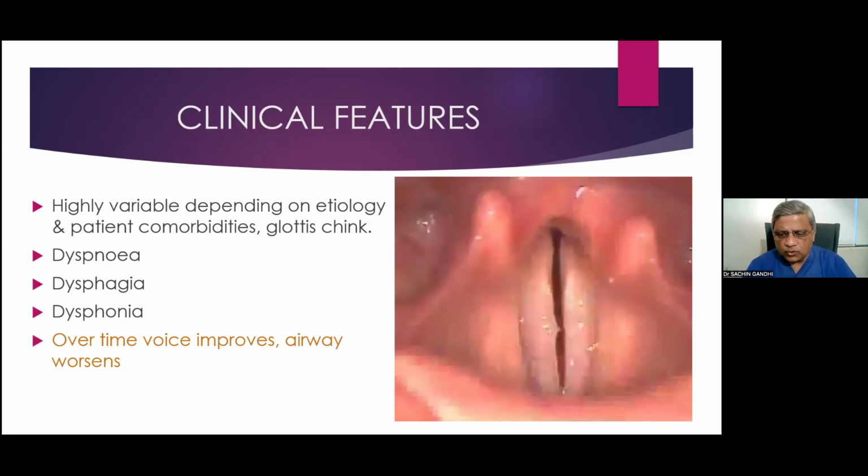As we go to the cases which are of iatrogenic or traumatic origin like thyroid surgery, then over time, as you extubate the patient, and if both the nerves are impaired or traumatized, the patient would have, to start with, hoarseness of voice, and as the vocal cords start to come to the midline, the voice improves because of good adduction, but then the airway worsens.